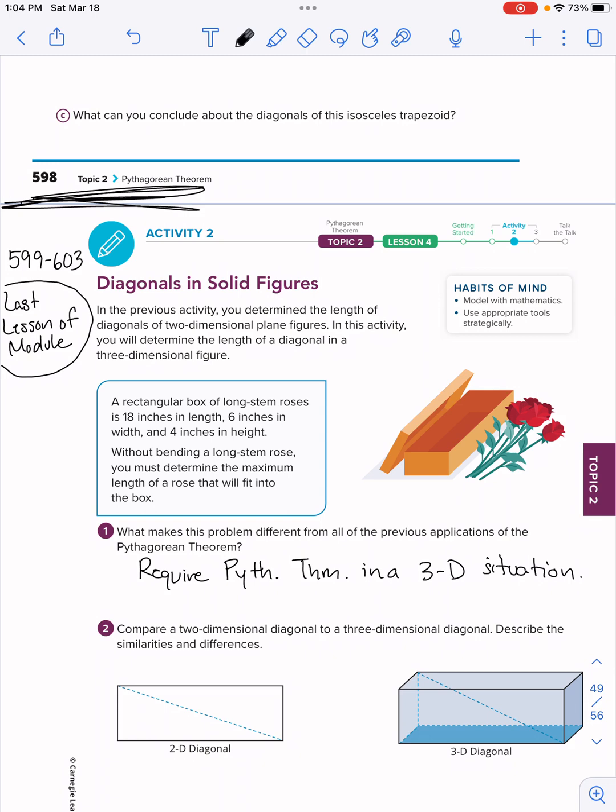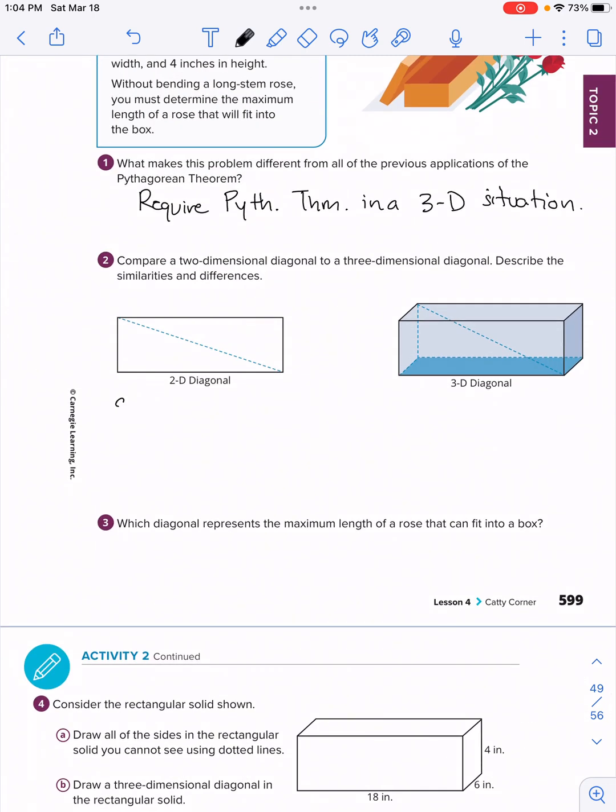So number 2, compare a 2-dimensional diagonal to a 3-dimensional diagonal. Describe the similarities, describe the differences. So what are some things that we see that are the same? Right, at least for this, when we talk about vertices, we're talking about corners here. So these are 2 vertices, these are 2 vertices.